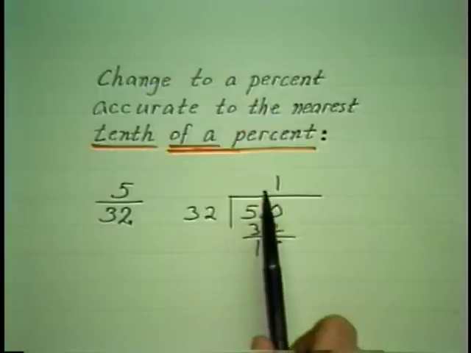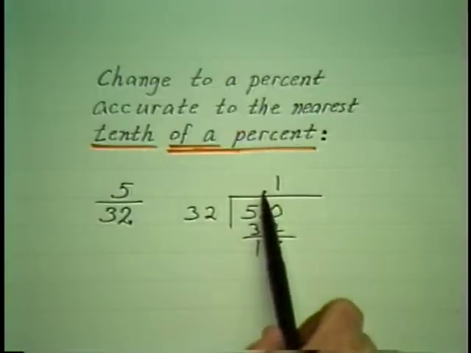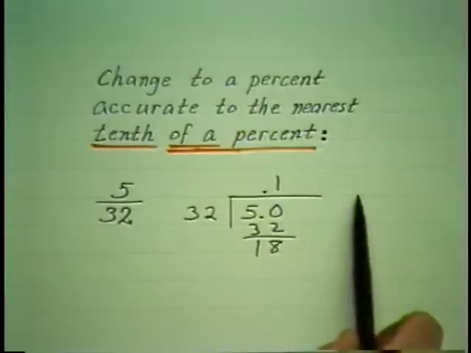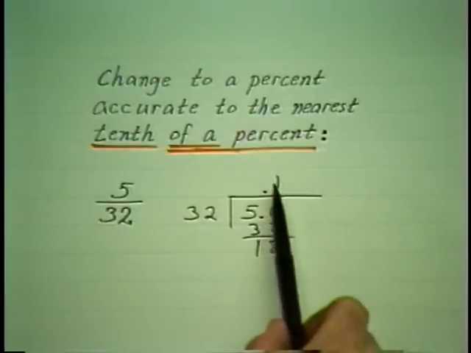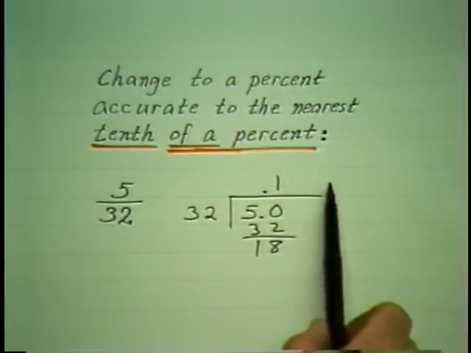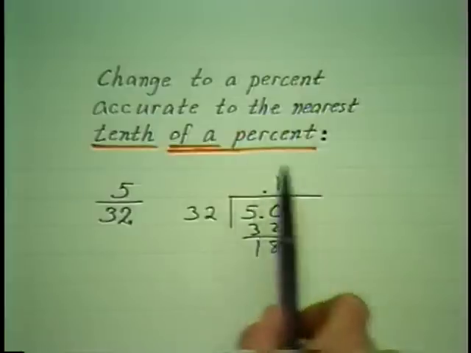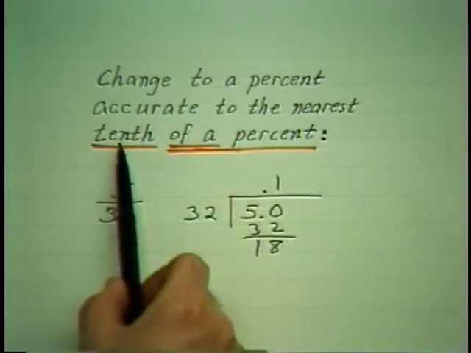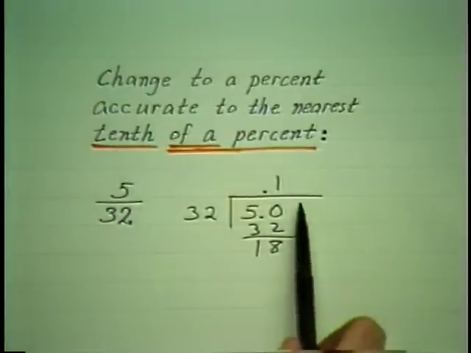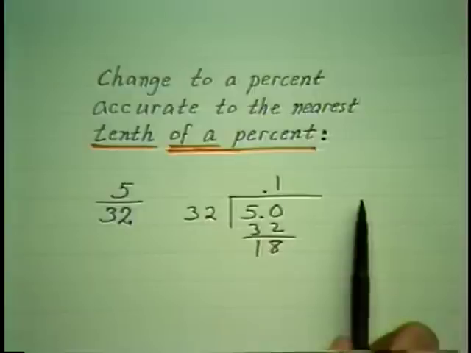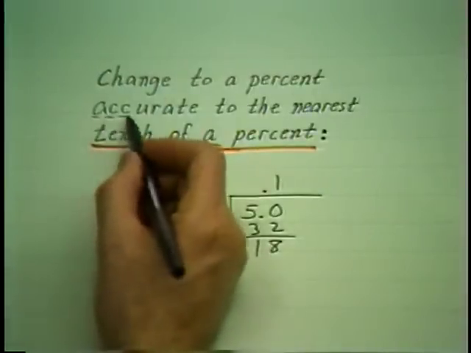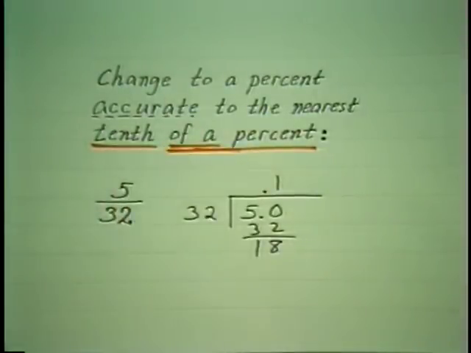And a percent is going to be formed by moving this decimal 2 places to the right. So we need at least 3 decimal places to be accurate to the nearest tenth of a percent. So let's go 3 places and a 4th for round off. Accurate tells me I'm going to round off.